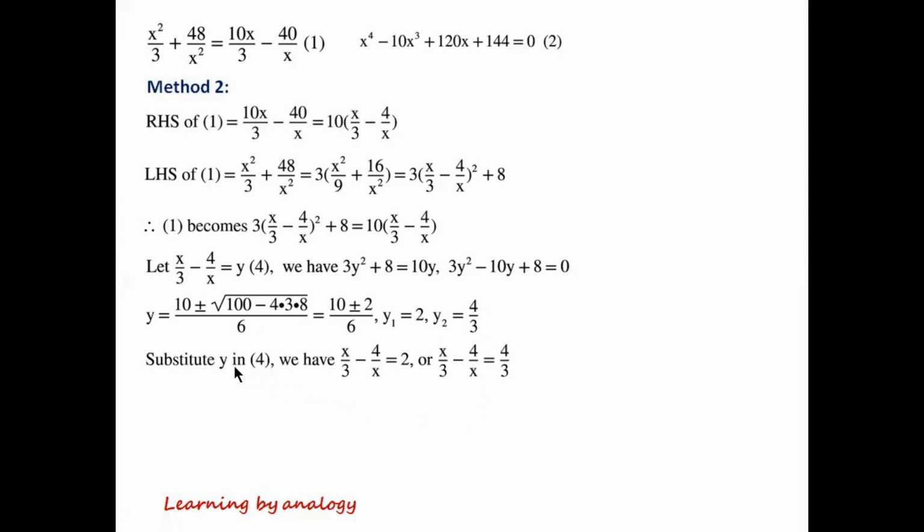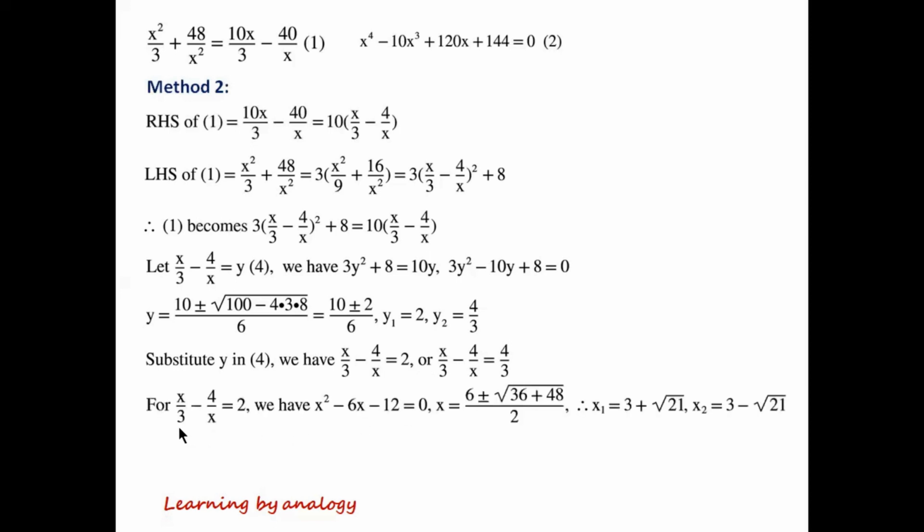Substitute y in equation 4. We have x over 3 minus 4 over x equals 2, or x over 3 minus 4 over x equals 4 over 3.